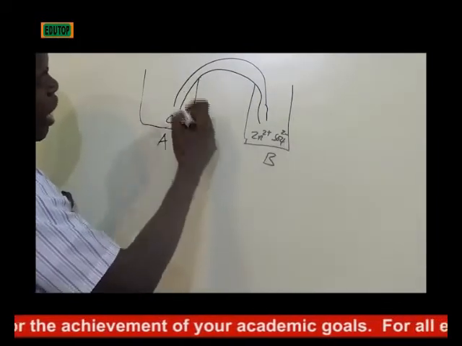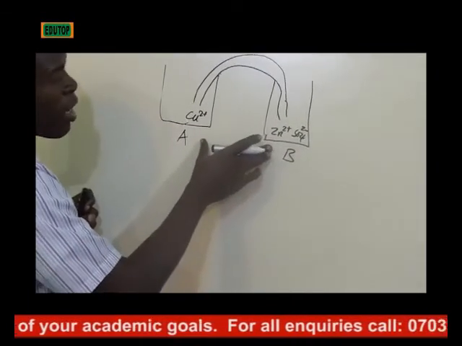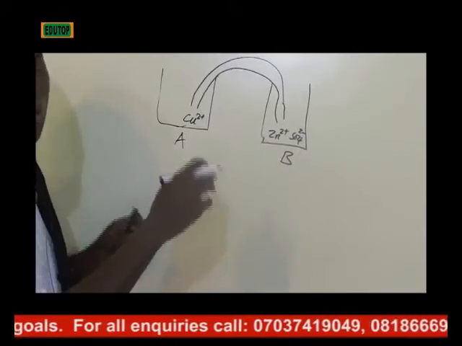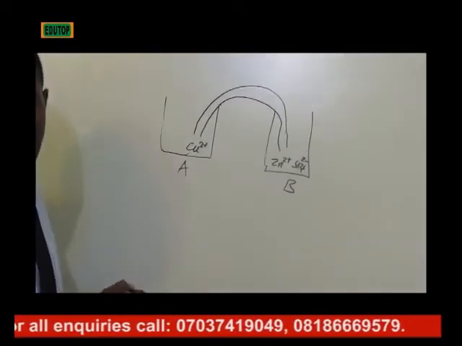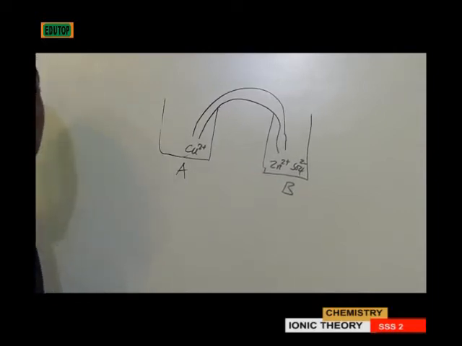Little of this comes to this and little of this comes to this, so that at the end you have equal charges in both compartments. So the answer to question number 1 is A, to smoothen the electron flow.